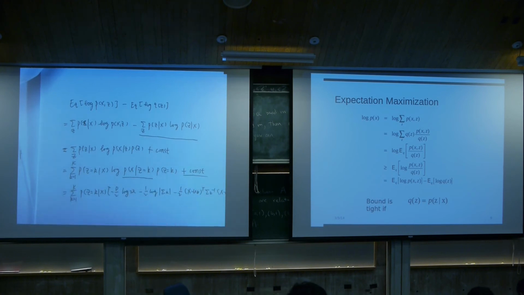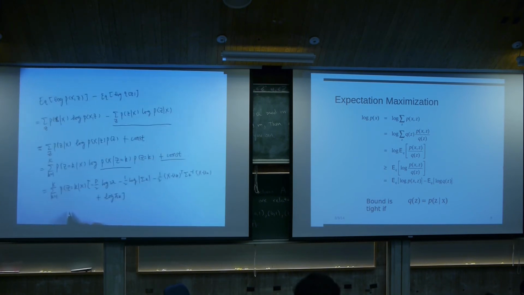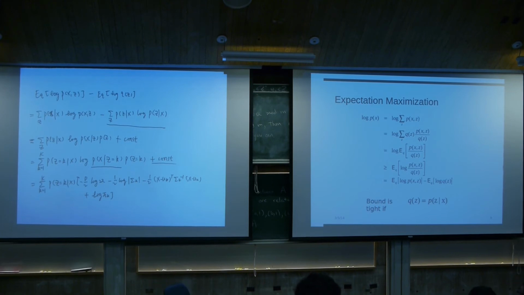This is the first term, plus the second term. The second term is pi k, so it's log pi k. And the d here is the dimensionality of your data points. So you can see that this lower bound is a function defined over all the parameters.